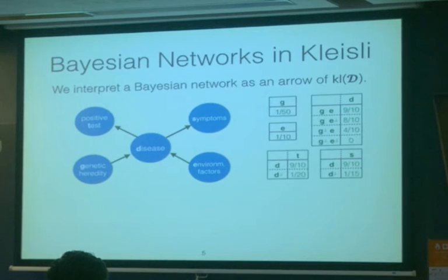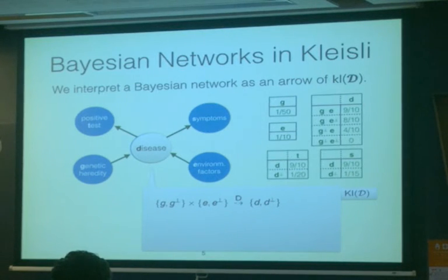So what we do is to interpret a Bayesian network as an arrow in the Kleisli category as well. How does this work? For instance, if we focus on a single node, that is this node, this is an arrow of the Kleisli category of this kind. So you see that everything here is a 2-element set. We just give different names to the elements because they mean different things.